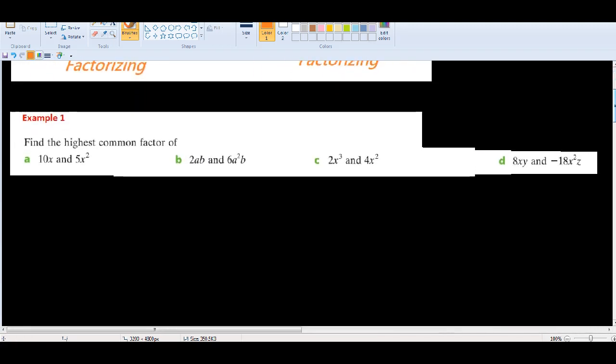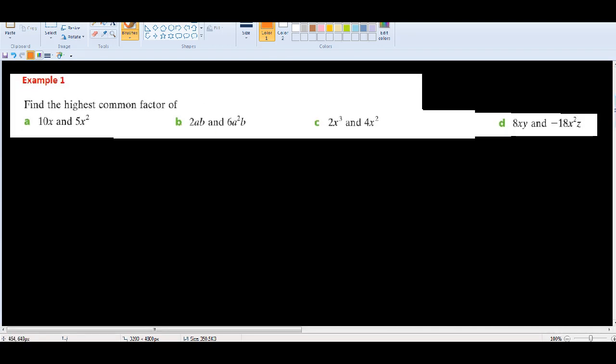The first thing we need to review is how we could find the highest common factor given two terms. To find the highest common factor, you need to write the terms into their expanded form. For example, 10x. How about 10? We know that 10 could be written as 2 times 5, times x.